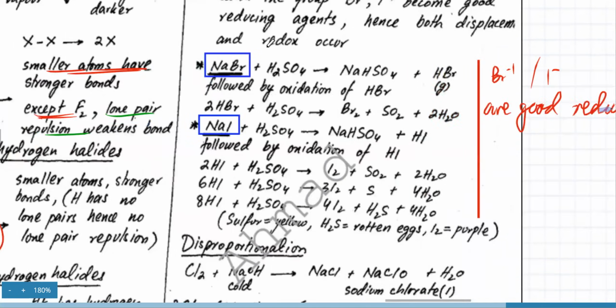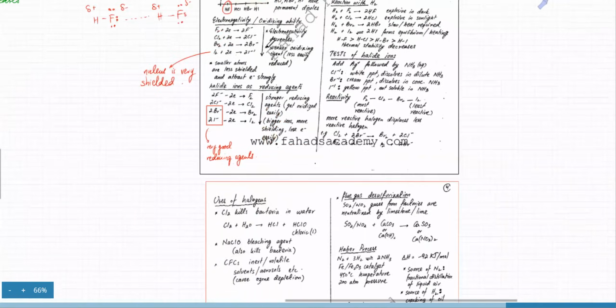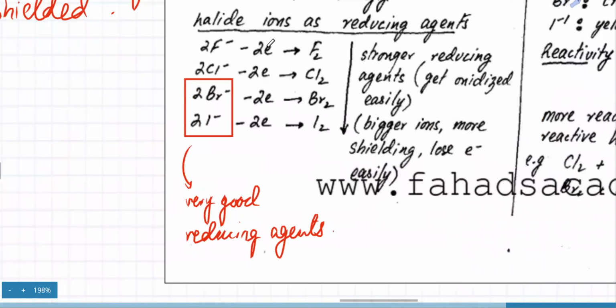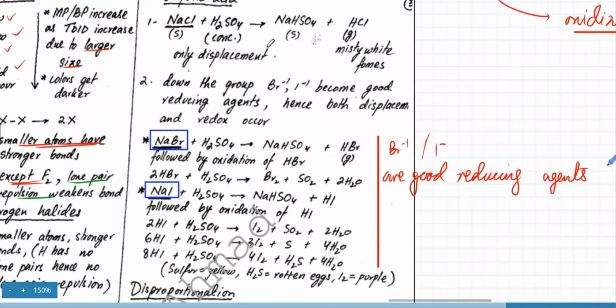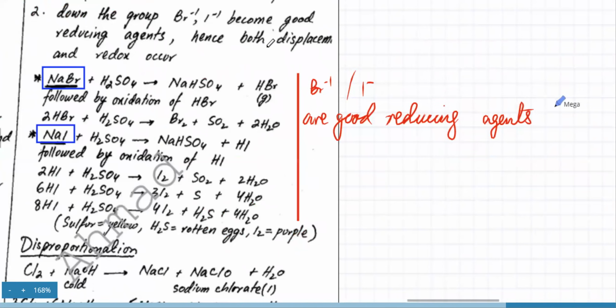I'm going to explain this again. Why were they good reducing agents? Because big atoms like to lose electrons. I- would lose electrons very easily, whereas F- and Cl- must be very terrible reducing agents. They don't like to lose electrons. So if we go back, focus on NaBr and NaI. Na is irrelevant over here. It's just Br- and I-.